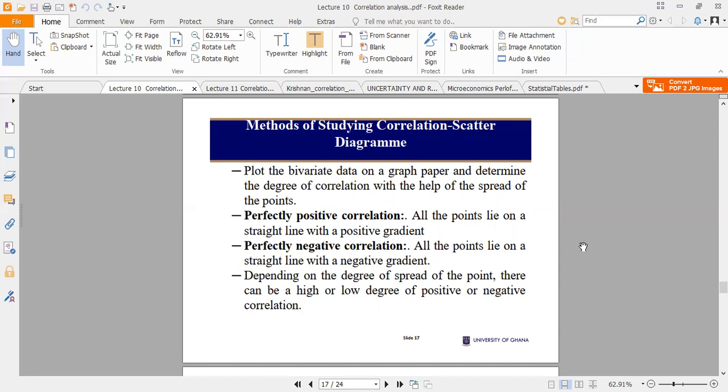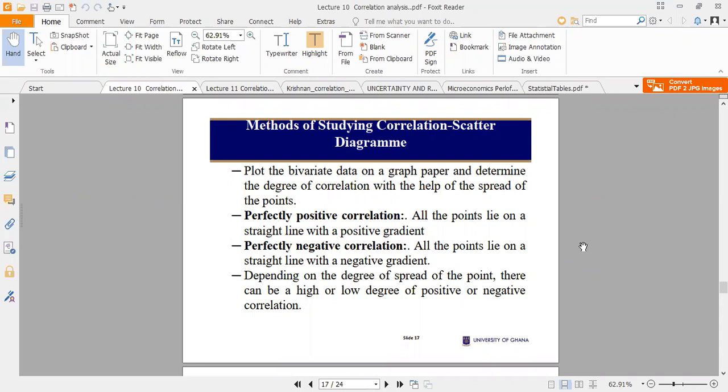If you get that straight line passing through all these points, and the gradient of that straight line is positive, that's if the straight line is moving upwards from left to right, then it means that there's a perfectly positive correlation between X and Y. They move together, and the change is the same for X and for Y. But if you draw the points on the scatter diagram and you get a straight line passing through all these points, but the gradient of that straight line is negative, when it slopes downwards, like the normal demand curve that we know, it means that there's a negative relationship between the two.